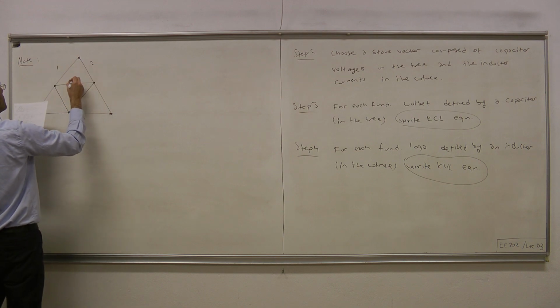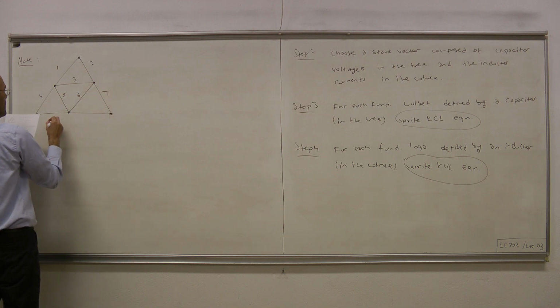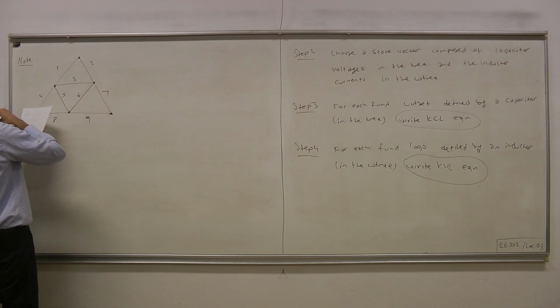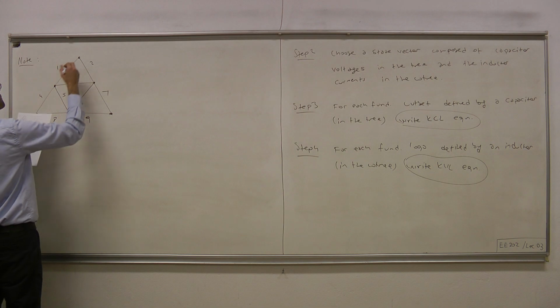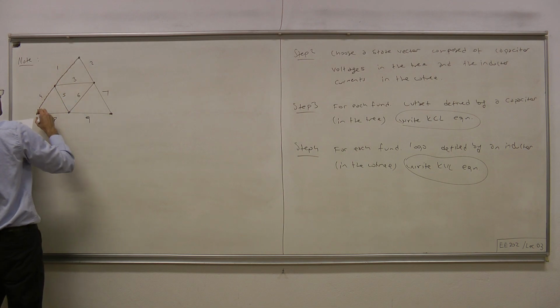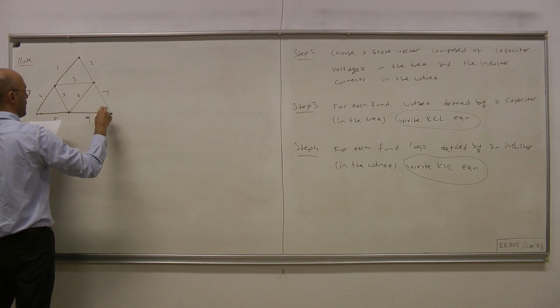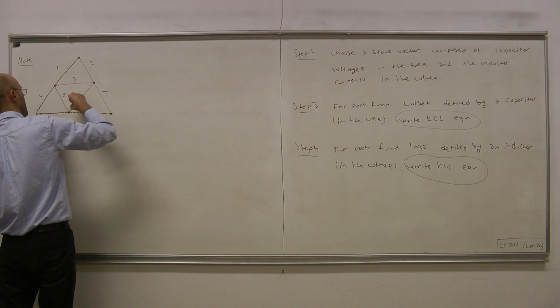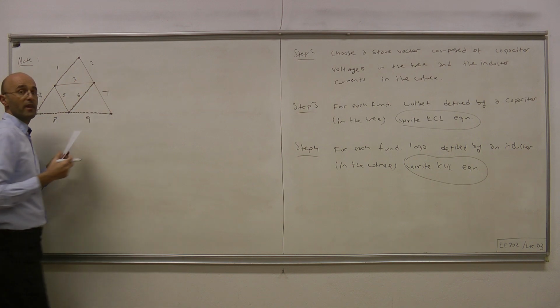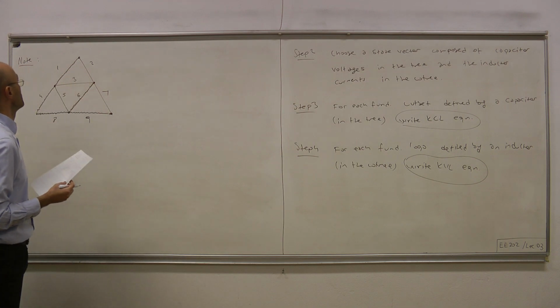One, two, three, 4, 5, 6, 7, 8, 9. Okay, so this was our tree. Now, since we're talking about KCL and KVL, we also need some directions.